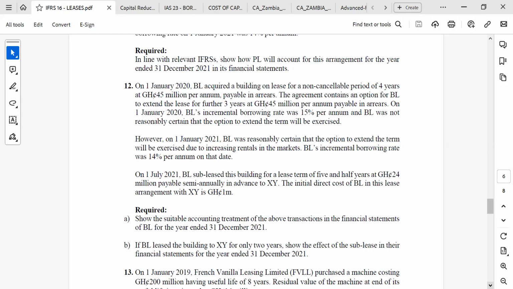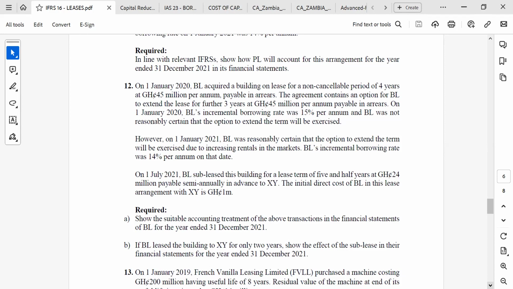On 1st January 2020, BL acquired a building on lease for a non-cancelable period of 4 years at 45 million Ghana cedis per annum payable in arrears.